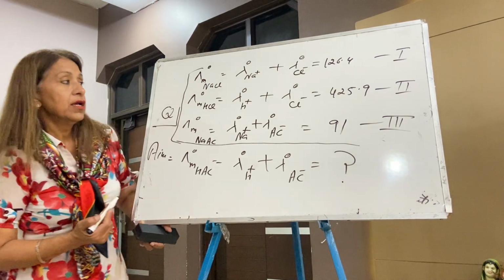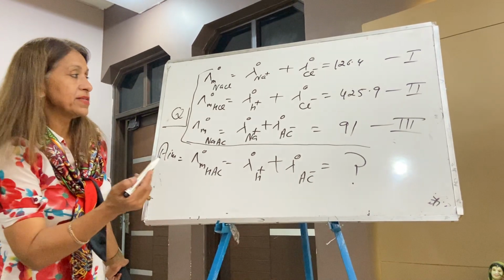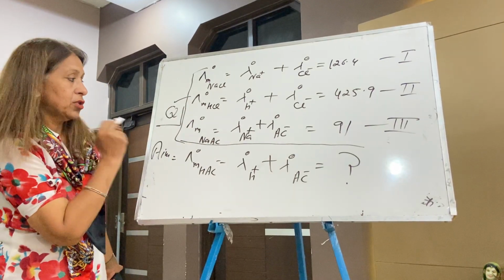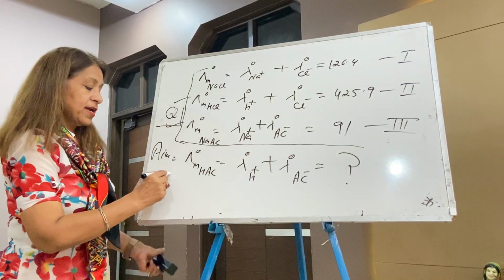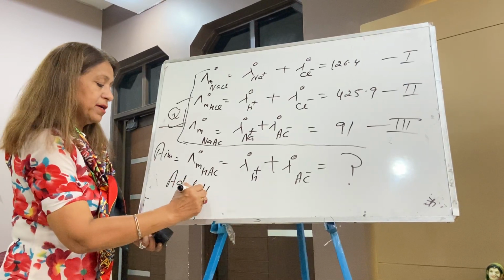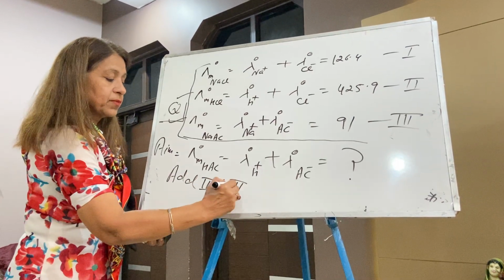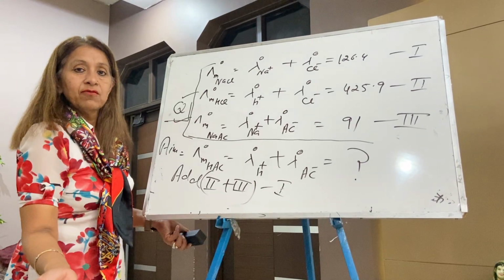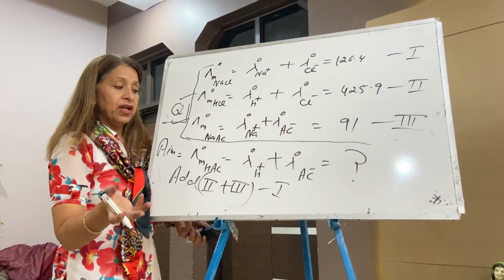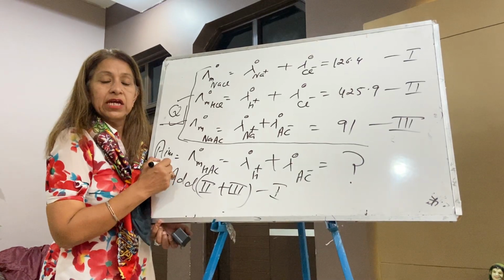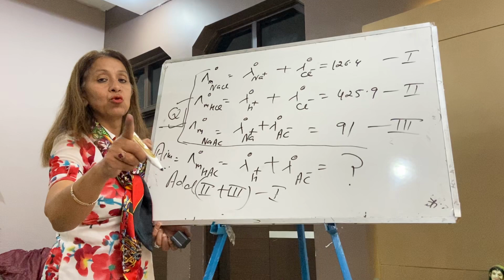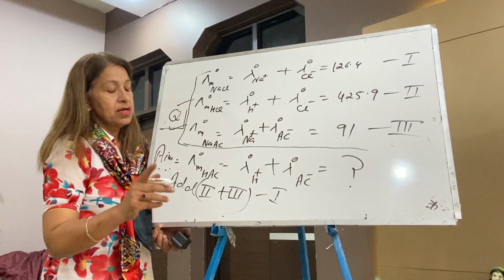The second and the third equation. So you will add the second plus the third, and what is left, subtract the first. Very simple.